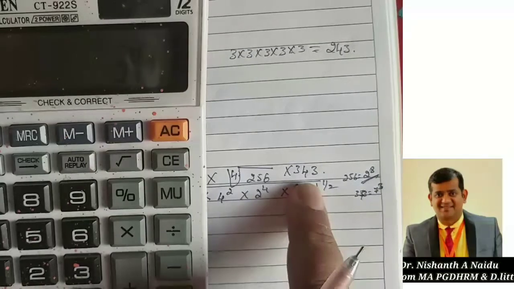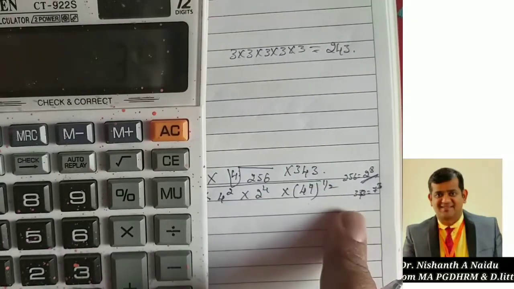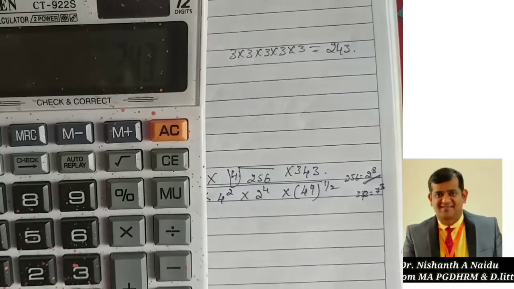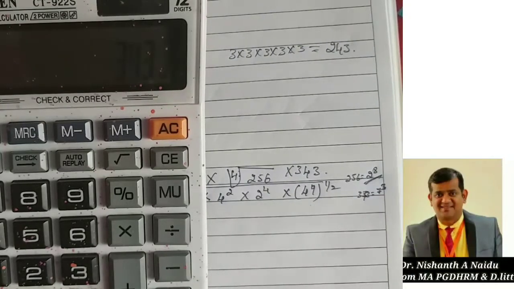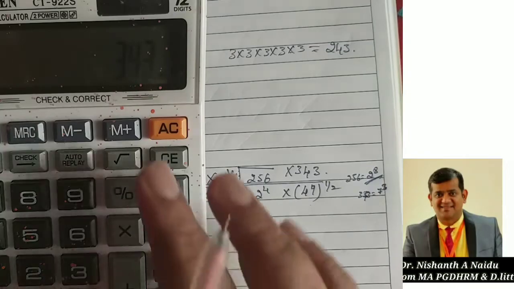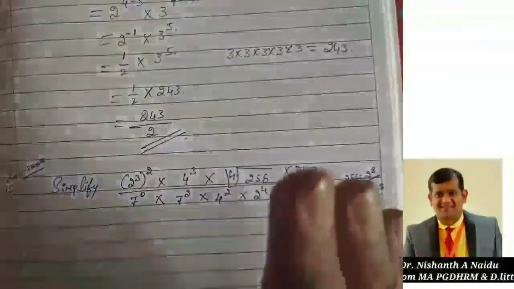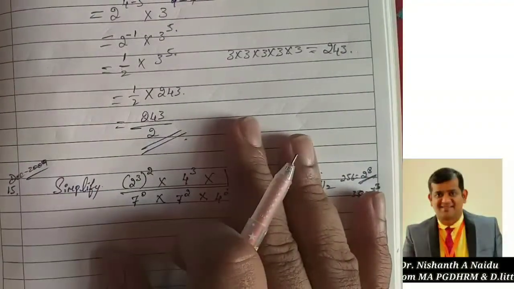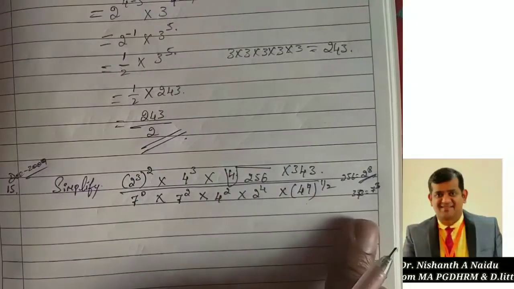See, 7 to the power 3 we got 343. Understood? This is how you have to calculate and identify the answer. Otherwise you can do the multiplication also, so sorry, the LCM method also as we do. You can do that also. Okay, fine. I think I have made it clear to you people how to use the calculator.